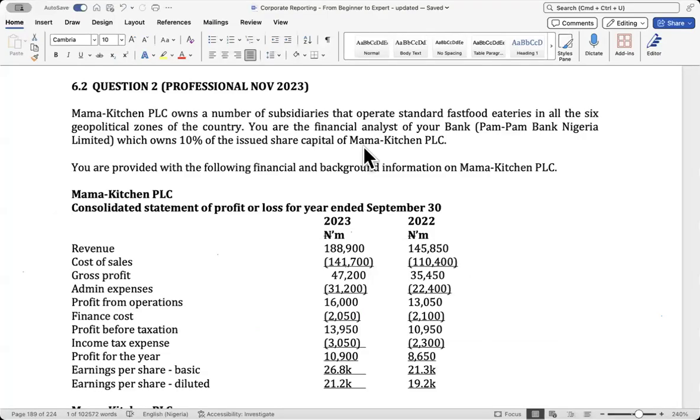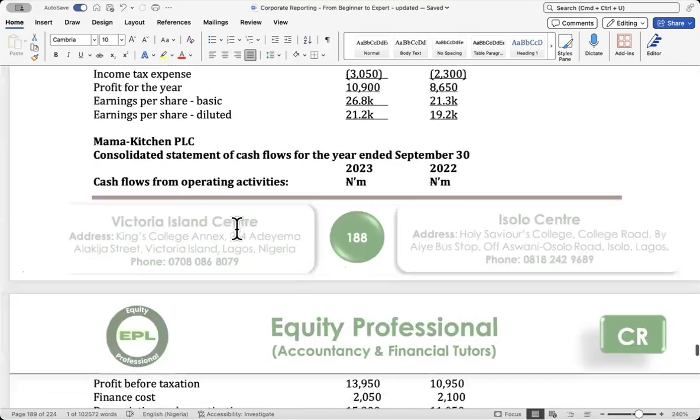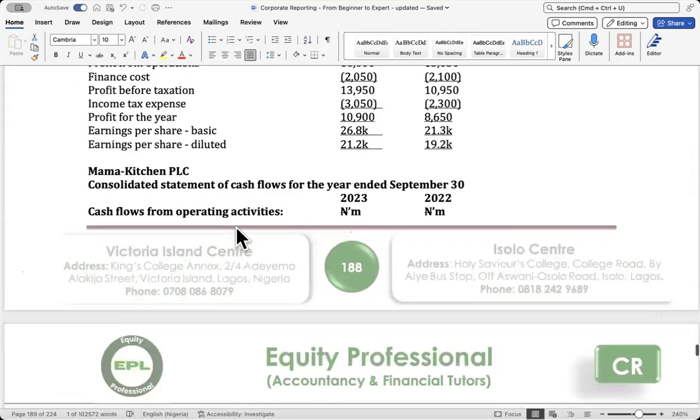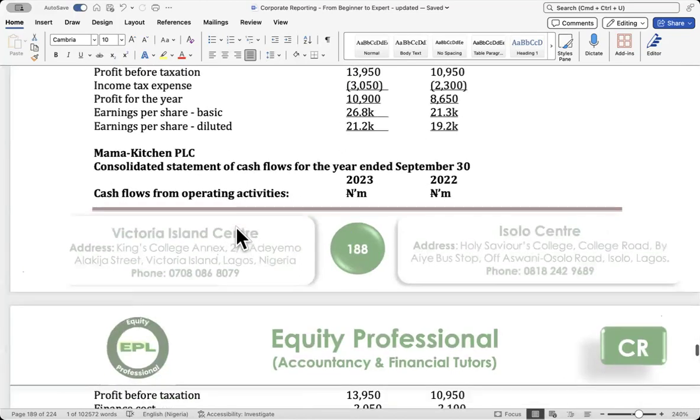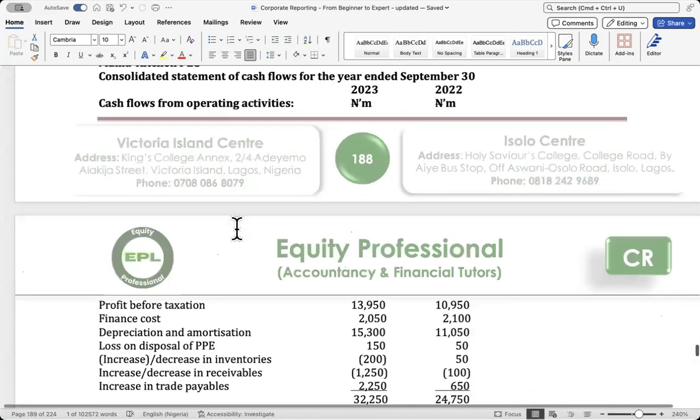You are the financial analyst of your bank, Pam Pam Bank Nigeria Limited, which owns 10% of the issued share capital of Mama Kitchen PLC. You are provided with the following financial and background information on Mama Kitchen PLC. This is the statement of profit or loss for the year ended September 20. Okay, statement of cash flow also.